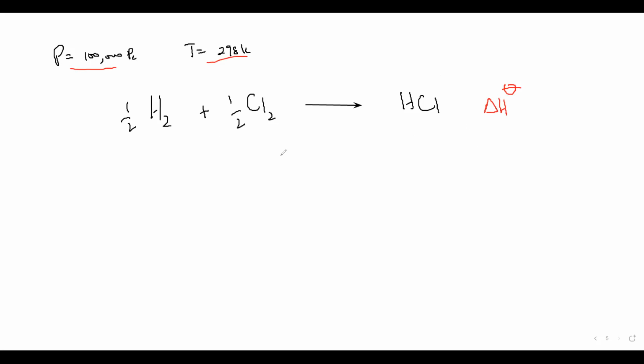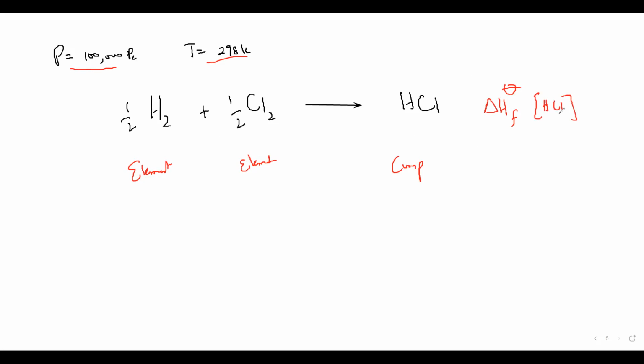Then because elements form a compound, if elements form a compound, we call that formation. And this is formation of what? Formation of HCl.